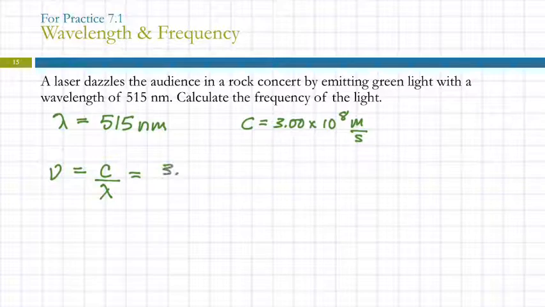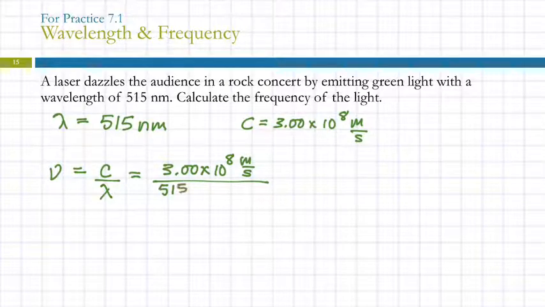The speed of light, 3.00 times 10 to the 8th meters per second, divided by 515 nanometers. Are the units going to work out nicely? No. Meters and nanometers won't cancel out. We want to end up with frequency, which would be per second. So 1/second is the unit we want to end up with.